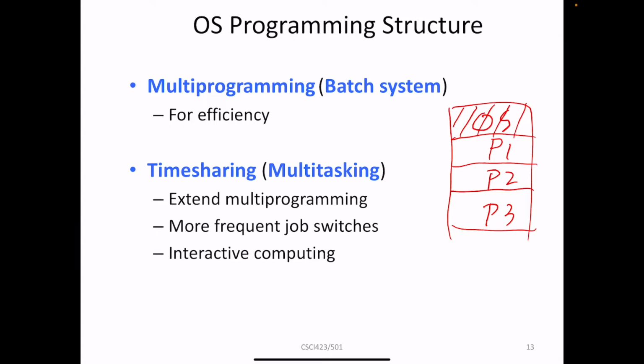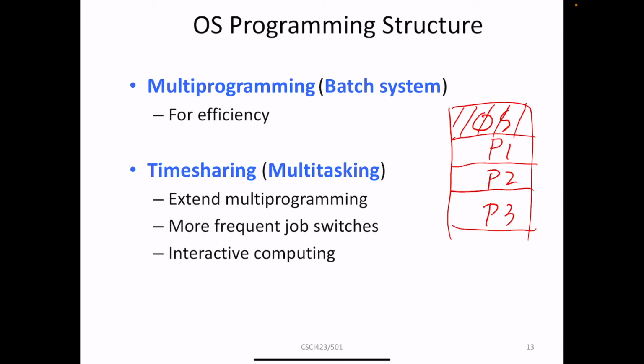Instead of waiting for a program to do some I/O and then moving another program into the CPU, time sharing gives a fixed amount of time, actually very short, to every process. When the time is used up for the current process, immediately the next process will be moved to the CPU and run there. Due to the very frequent job switches, each program feels that it is the only program using the CPU.